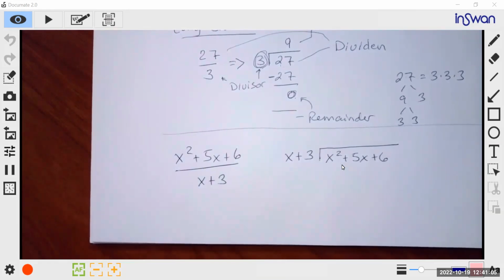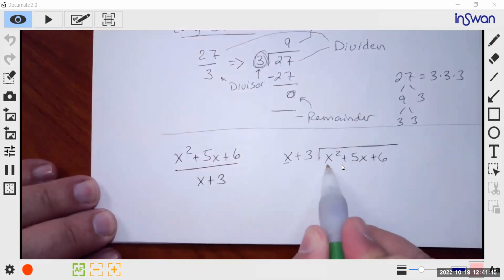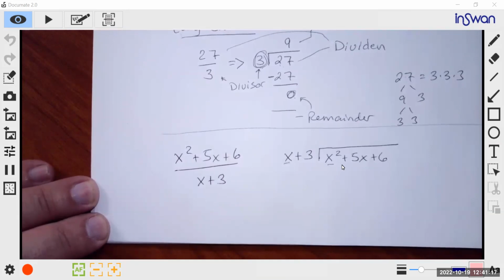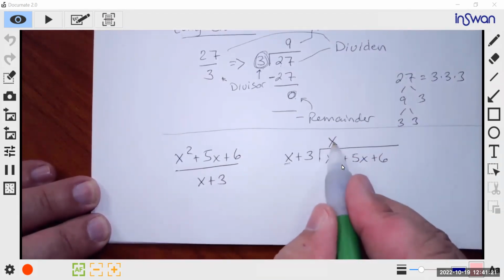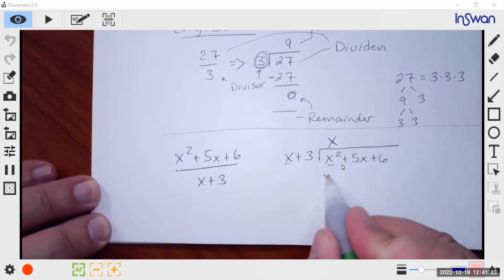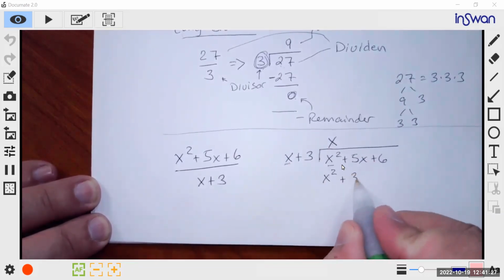When you do long division, you always look at the leading terms. What times x gives me x squared? X, so just an x. So now we check it. X times x is x squared. X times positive 3 is positive 3x.